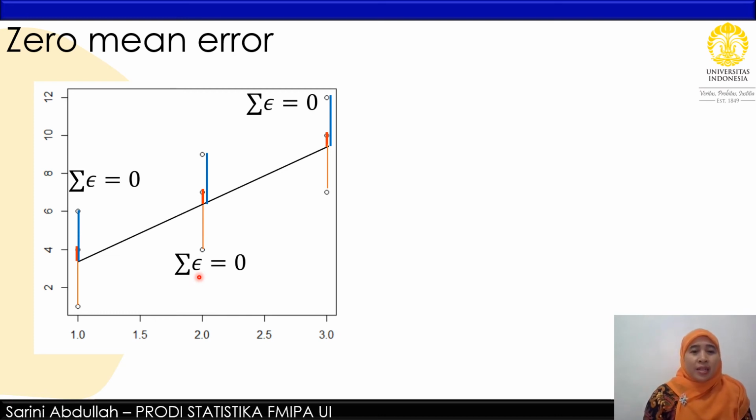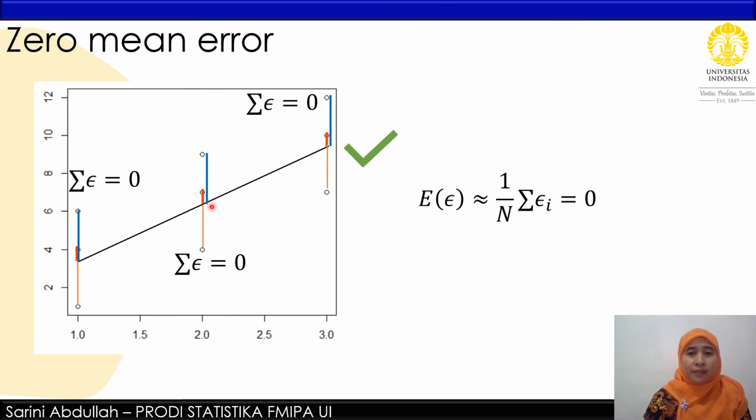So in this case, this is what we want to have: the sum of error for each different value of x equals 0. So in total, the expectation of the error, which we can approximate by the average of the error over the whole data, here with 9 data points, is 1 over 9 times the sum of the total error in these 9 data points.